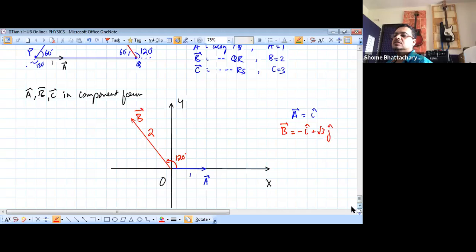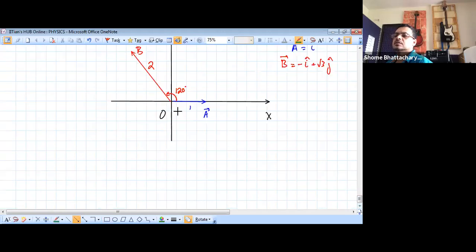And in comparison, how is this vector C looking now in this? The vector C will be something like this. It will be at 240 degrees. It will be along this kind of direction. But its magnitude will be longer. So the magnitude of this is 3 units. Okay. And this angle is 120. So you can see that C's x component will become C cos 240. So that is 3 into minus cos 60.